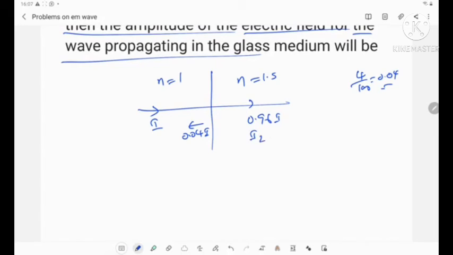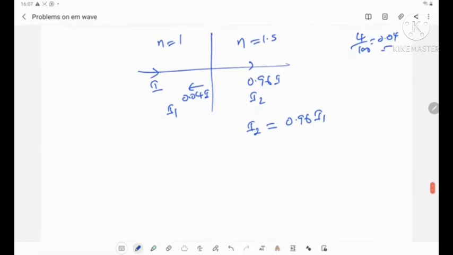This is I2, here is I1. Therefore, I2 is equal to 0.96 I1. But here I is equal to 1 by 2 n C epsilon naught E naught square.